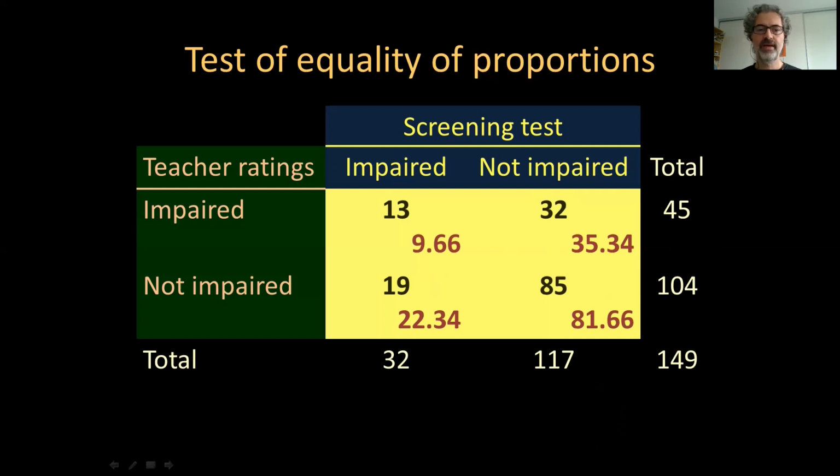Moreover, if we add these two numbers, the result is 45, equal to the corresponding marginal sum. If we add these two numbers, the result is 104. If we add these two numbers, the result is 32. And if we add these two numbers, the result is 117.